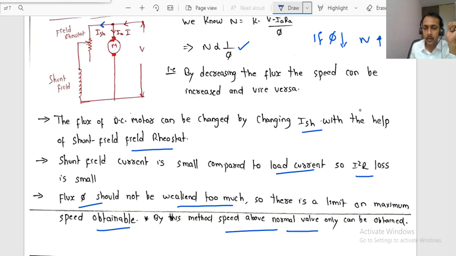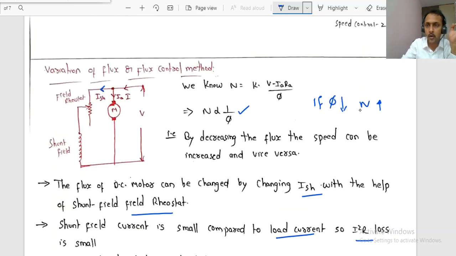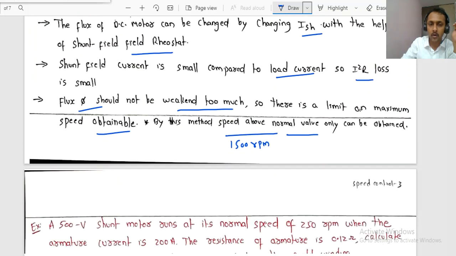How do you understand that? For example, if the rated speed of the machine is 1500 rpm, using this method you can make it a little bit greater than 1500 rpm. You cannot bring it down to less than 1500 rpm. So if you want speed above the normal value, you can use this flux control method.